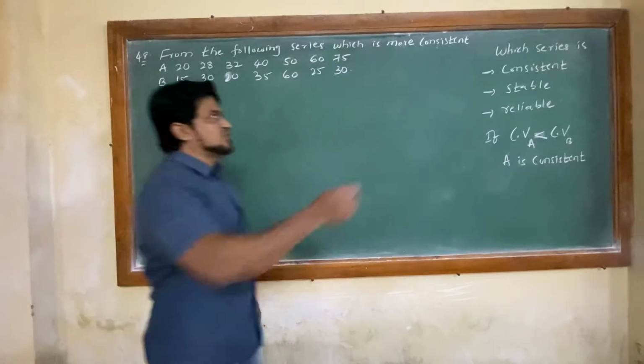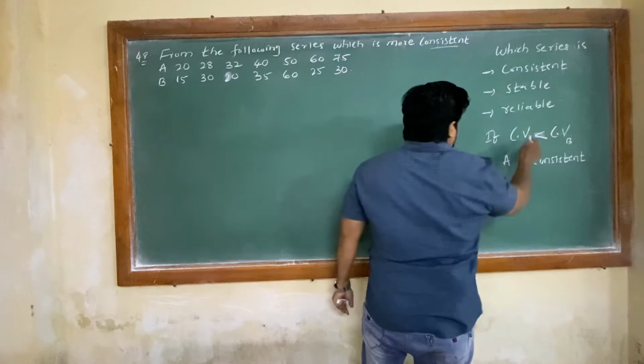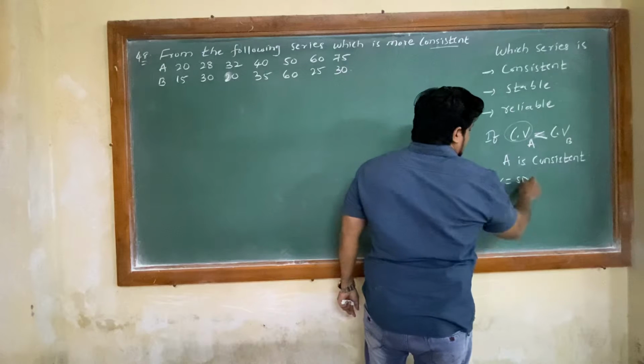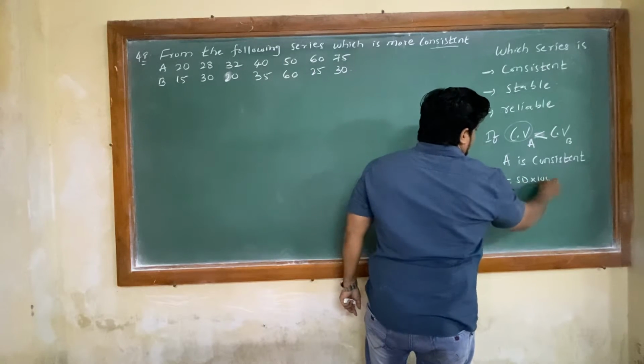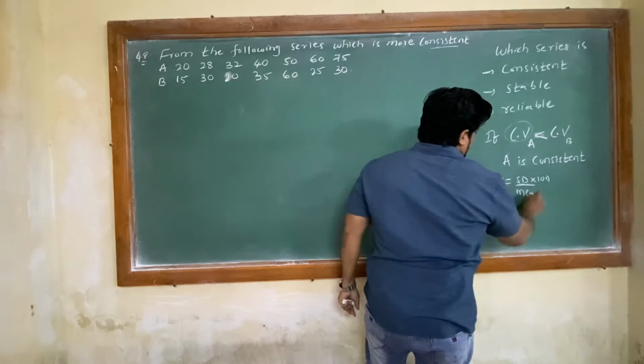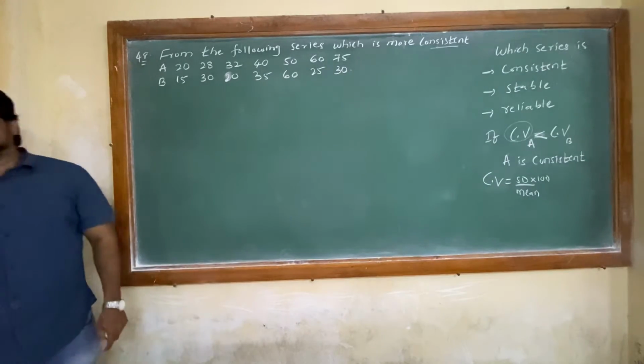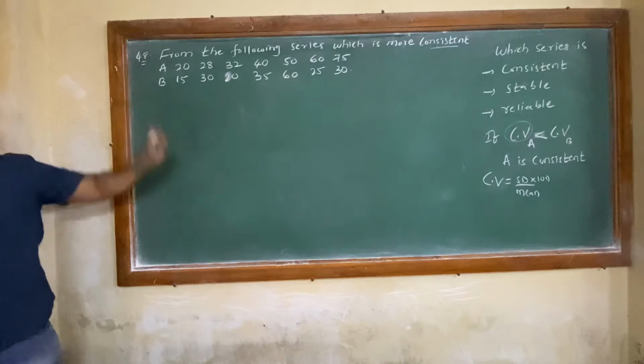For consistency, what we have to do? We have to find coefficient of variance, that is standard deviation into 100 divided by mean. So to find coefficient of variance, how many series are given to us?